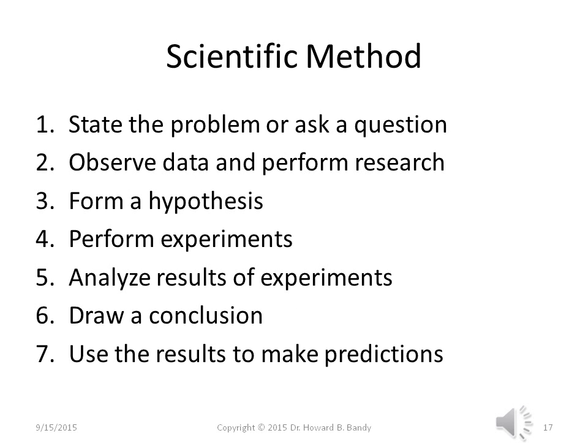The scientific method is pretty well described in the literature. It's a series of steps. State the problem or ask a question, observe data, perform research, form a hypothesis, perform experiments, analyze results of experiments, draw a conclusion, and use the results to make predictions.